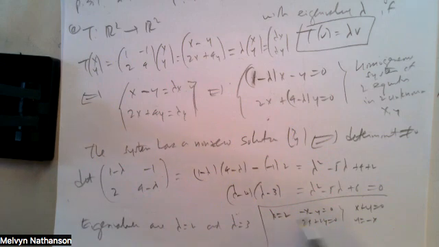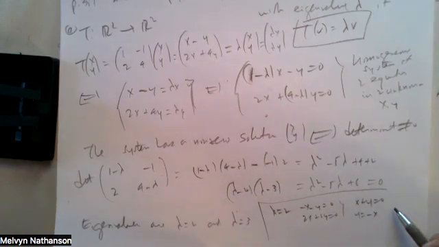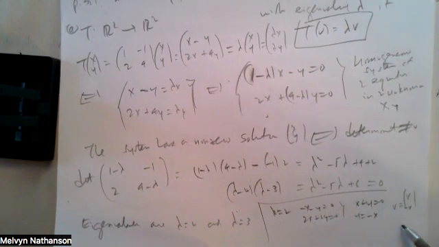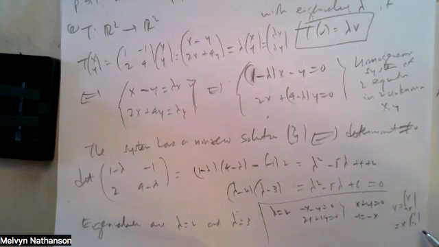So for lambda equal 2, we have the eigenvector v equal to x, minus x, or x times 1, minus 1. So for this linear operator, lambda equal 2 is an eigenvalue, and an eigenvector is 1, minus 1, or any scalar multiple of that.